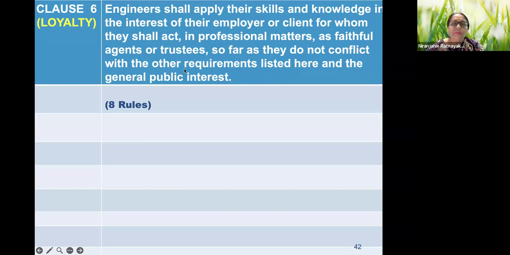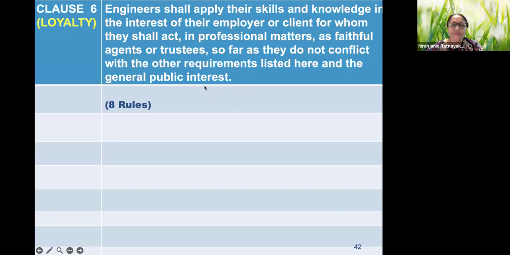So now general public interest takes precedence, takes priority, right? So if your employer or your client is telling you to do something that you know is going to affect the public, whistleblowing is the one that really takes precedence, right? That comes in the first clause. Remember, whistleblowing. Yeah, you have to inform that this is going to happen.